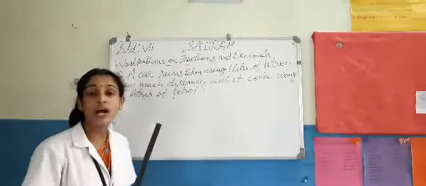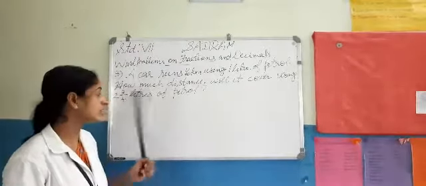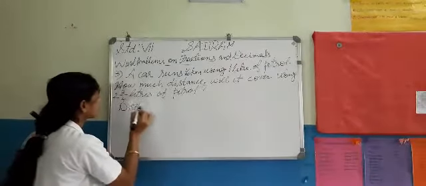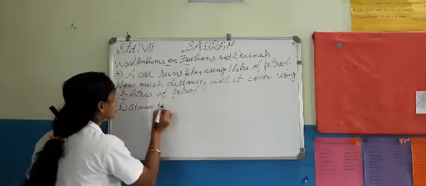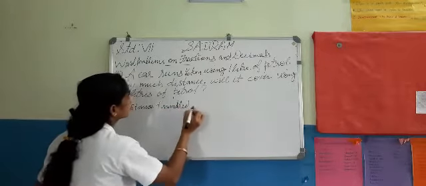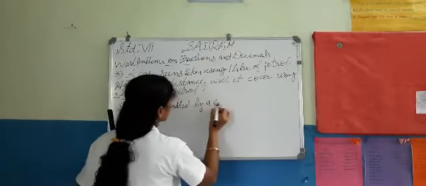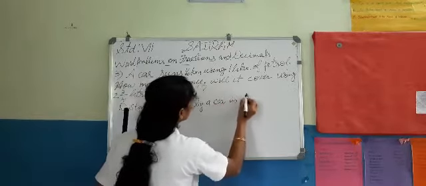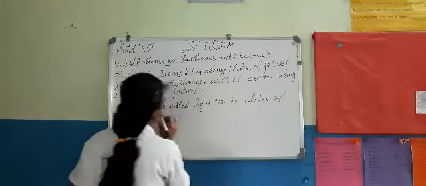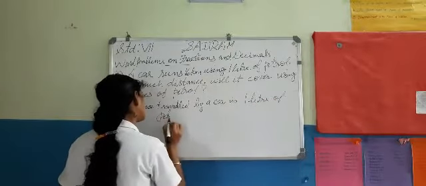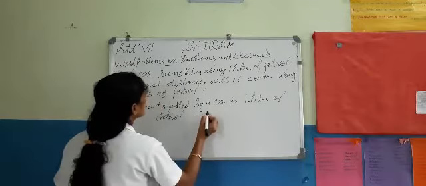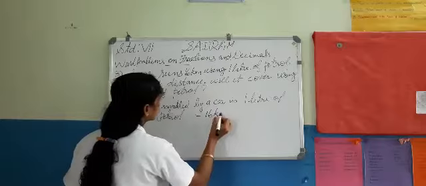First of all, we write the steps. The distance travelled by a car in 1 liter of petrol is equal to 16 kilometer.